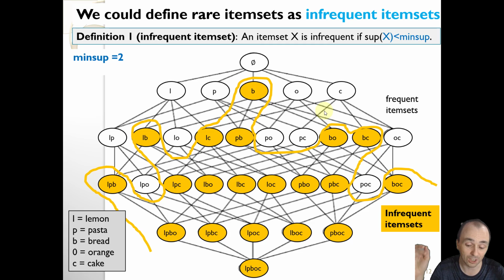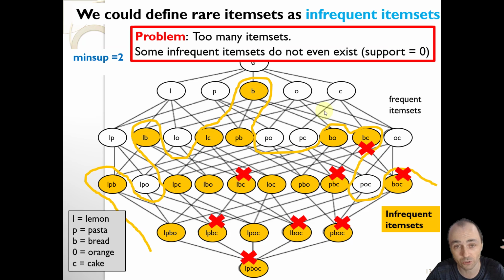Not really. Why? Let me show you some observations. First, there are too many infrequent item sets, and even some infrequent item sets do not even exist in your database. For example, all the item sets on this picture where I have drawn an X have a support of 0, meaning they don't even exist in your data.